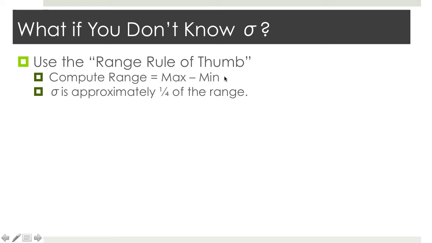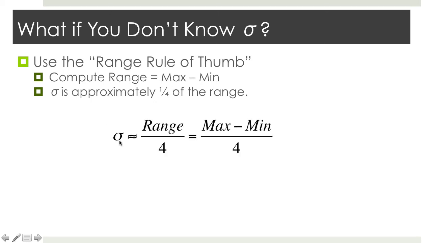So that's our range. And the rule of thumb says that if you don't know what the standard deviation is for the population, you can approximate it as 1/4 of this number here. So therefore, your standard deviation will approximately be equal to the max minus the min, all divided by 4. So that's a quick rule of thumb that you can use if you don't know the population standard deviation.